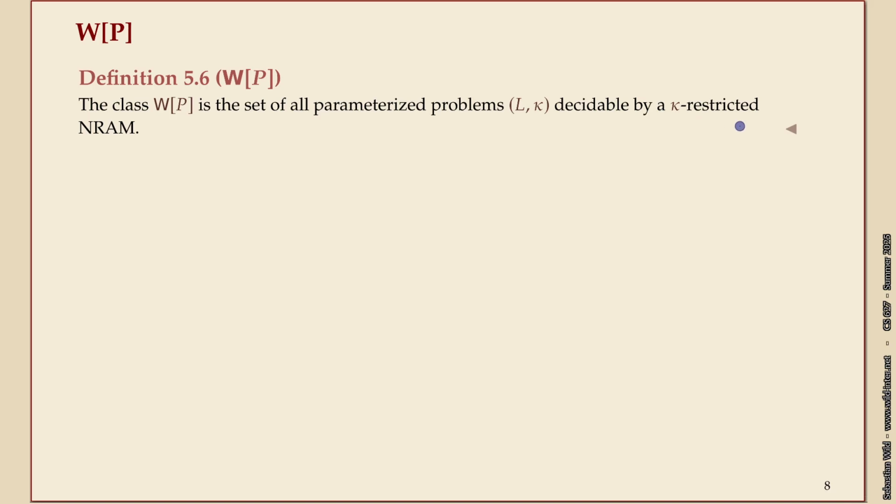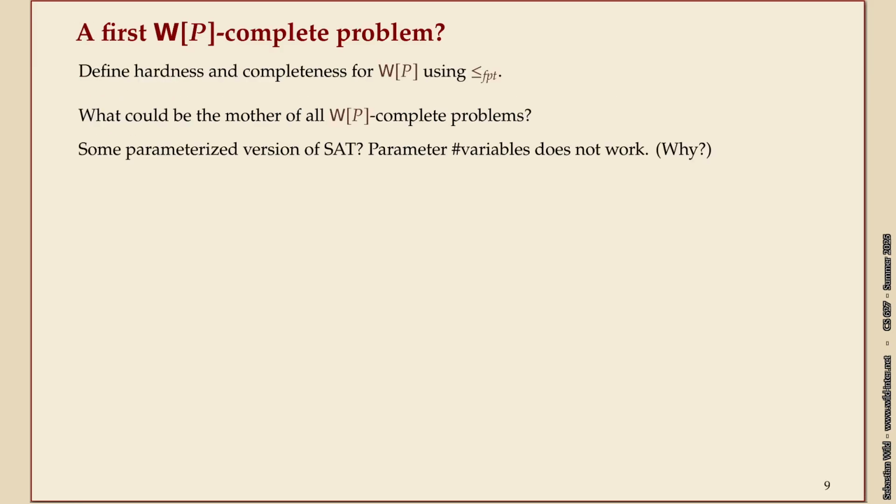Exactly as we defined it, kappa restricted, which means FPT running time, FPT size of the registers, and at most a function of the parameter many non-deterministic guessing steps. That's a class of problems.